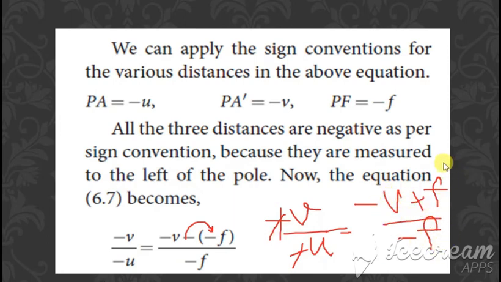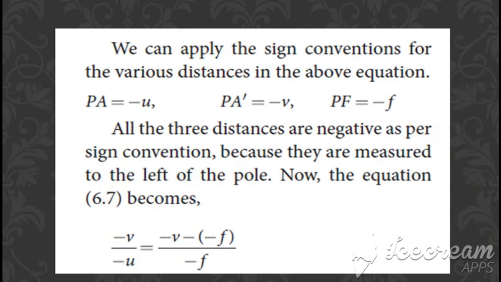If we take minus outside, the remaining is V minus F, because minus into minus is plus, so we have V minus F divided by F.